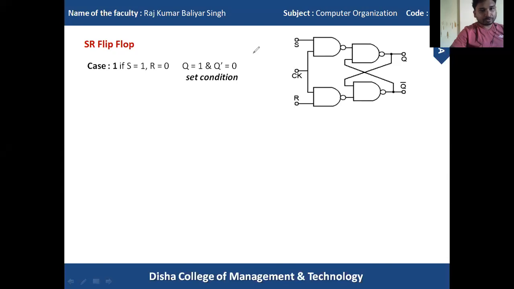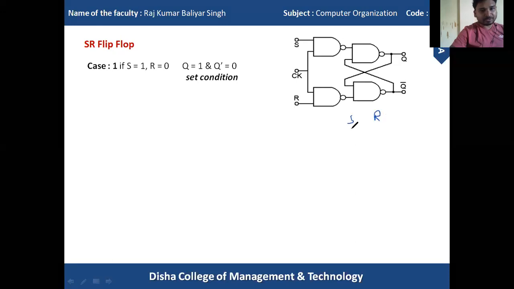Say we have two input terminals S and R. That means we can have S equals 0, R equals 0, S equals 0, R equals 1, similarly S equals 1, R equals 0, and S equals 1 and R equals 1. As it is a two input terminal, we have four possible combinations as input.